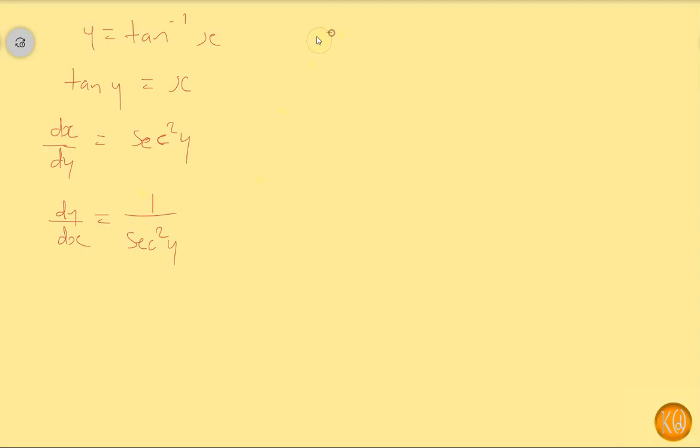So sec squared y, since we're dealing with y in this problem, would be equal to tan squared y plus 1. So therefore we can apply this to this problem, because if we look here, if we square both sides, tan squared y would be equal to x squared.